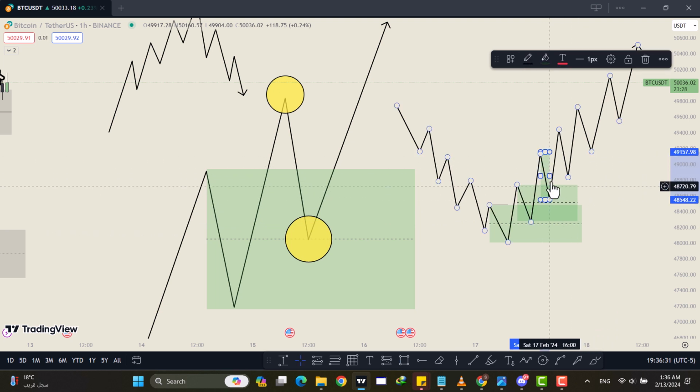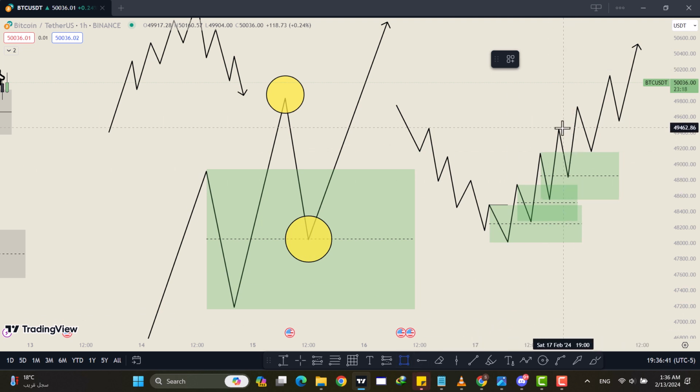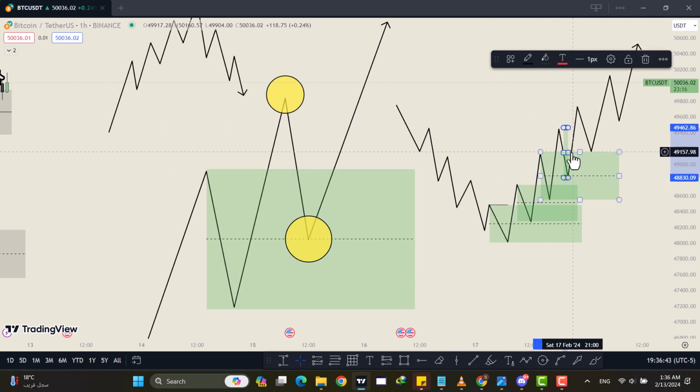We have another opportunity here. You can enter from here, right? You zoom in here and look for entries. Another opportunity here. Now, price will not always come back to this area here. You need to understand this.